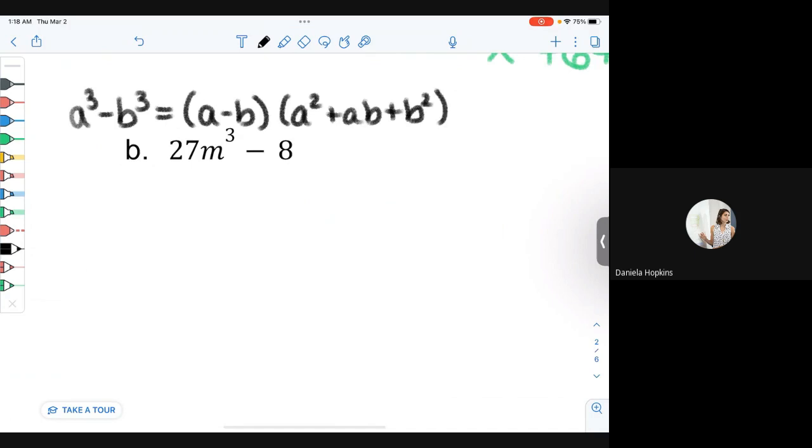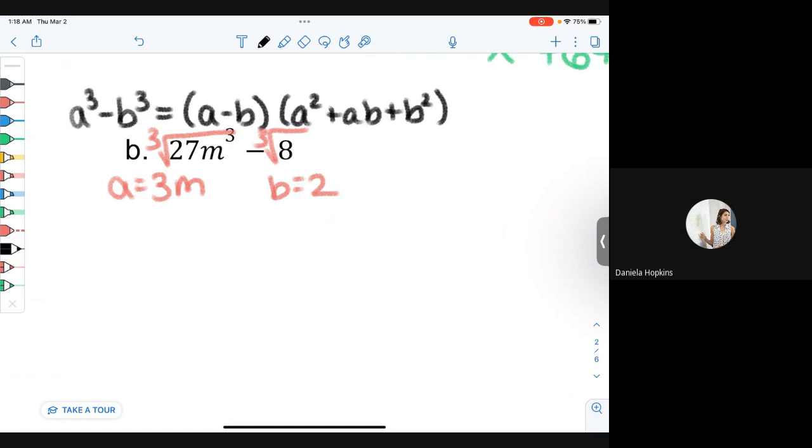So I just need to find my a and b and plug those in. So I'll take a cube root here, a cube root here. So my a term would be 3m, and my b term is 2. So now I have an a that has two parts to it, so I have to be a little more careful when I do my substitution.